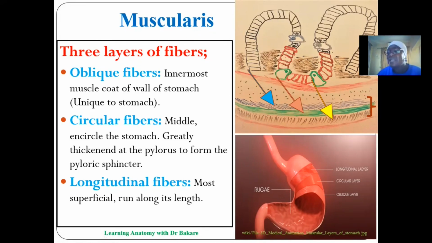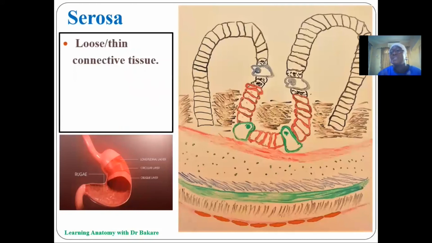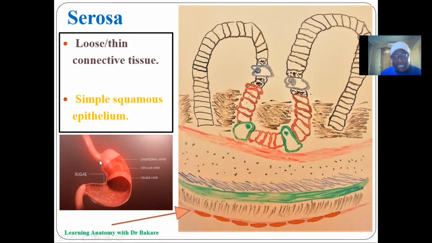Then more external to the muscular layer, we now have the serosa layer. This is a thin layer seen on the external part of the stomach. Histologically, it is made up of simple squamous epithelium, that's flat epithelium seen in a single layer. And this is what is presented here. If you look at this diagram, you see that the most external layer is the serosa layer.